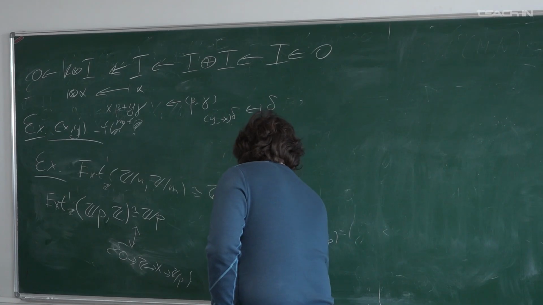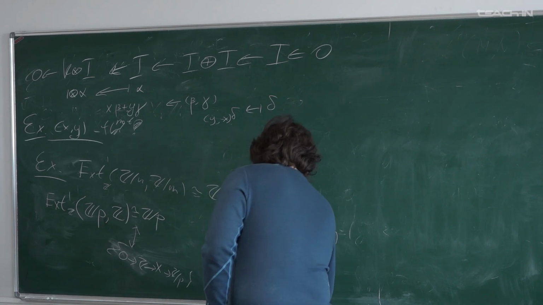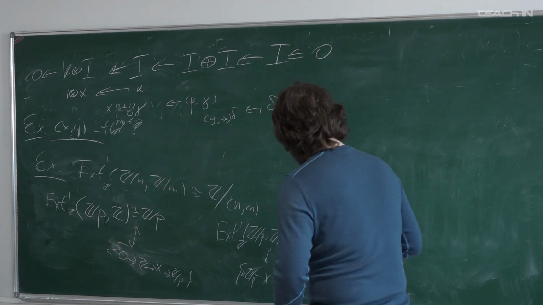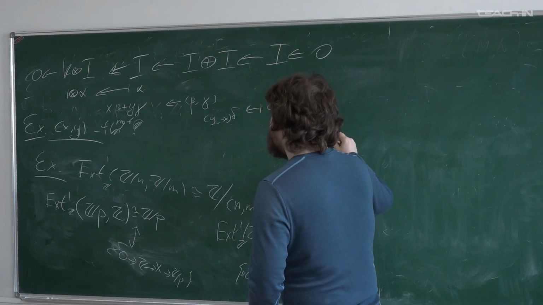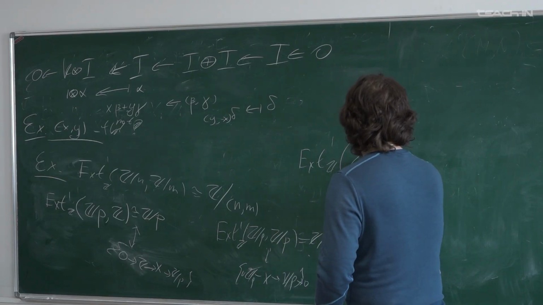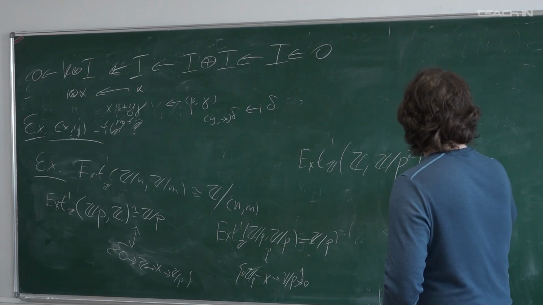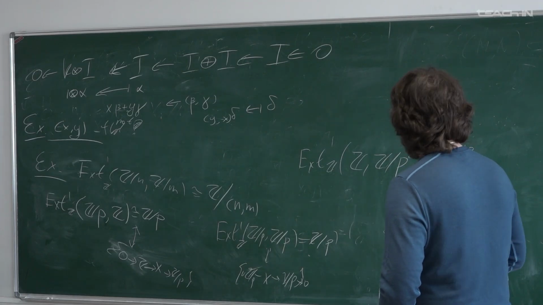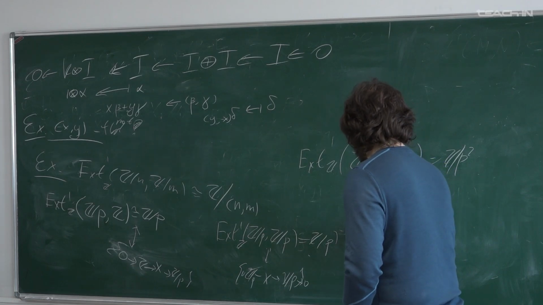And what this is extensions of Z modulo P to Z modulo P. And the final one, Ext from not prime, for example, Z modulo P prime. So Z modulo P prime, they are a little bit more extensions.